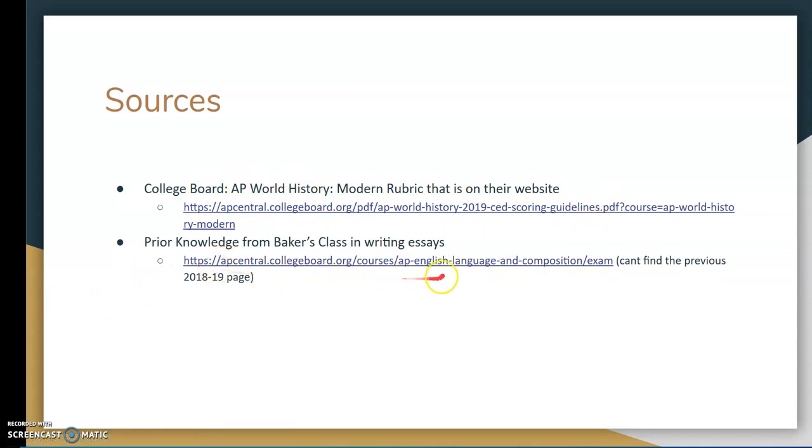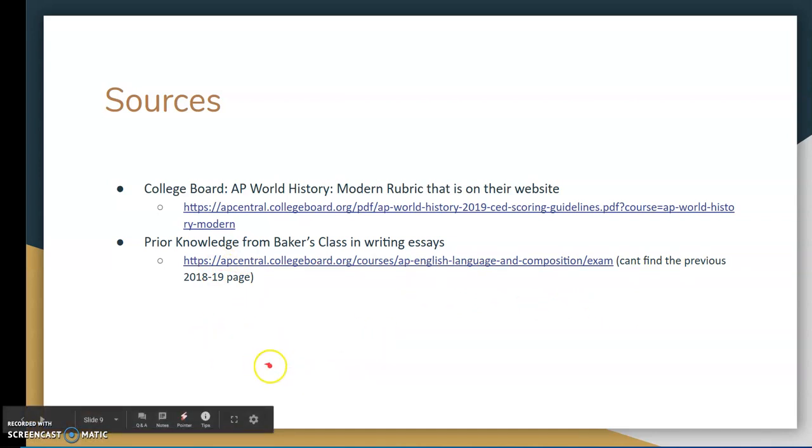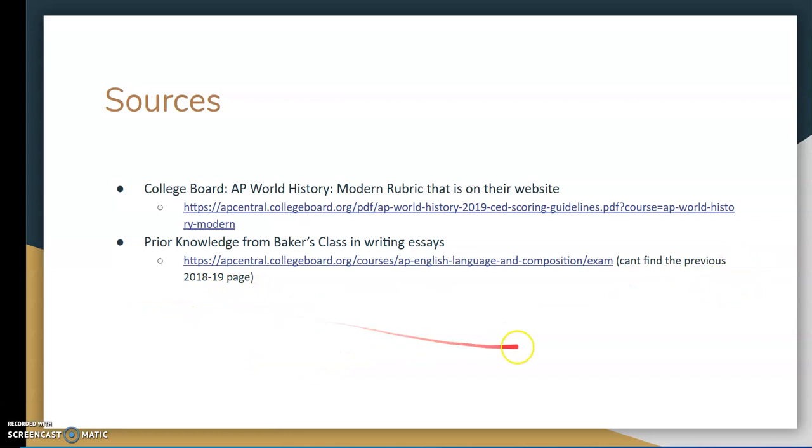And then here's the page for English Language and Composition, because that's the one that we took last year as juniors. I couldn't find the 2018-2019 page because, since College Board did a revamp, they've also revamped all of it. So the rubric is different in English language and English literature now.